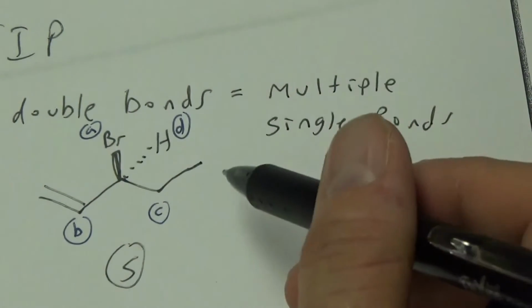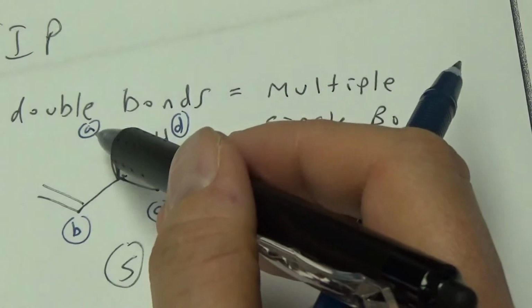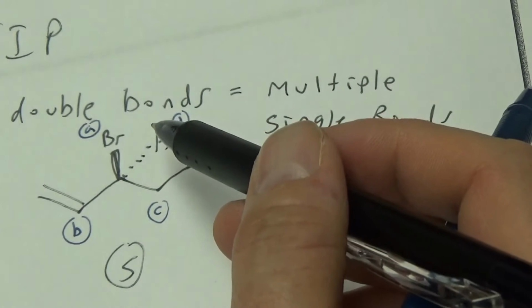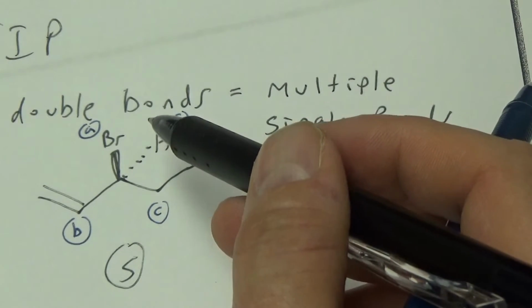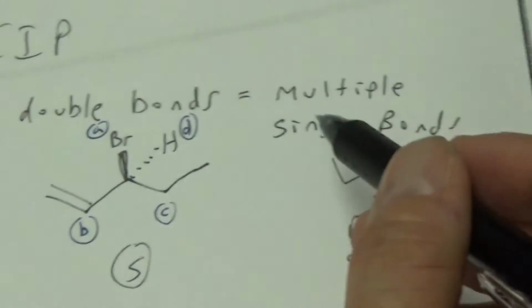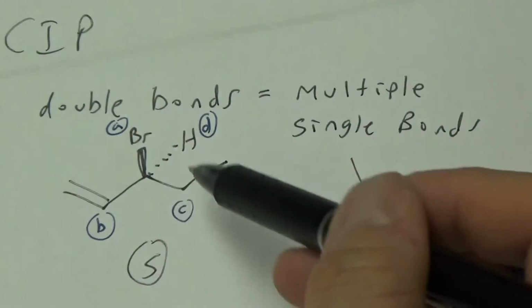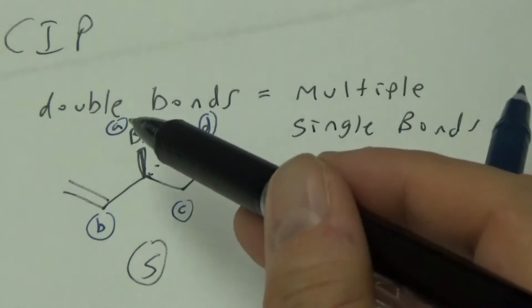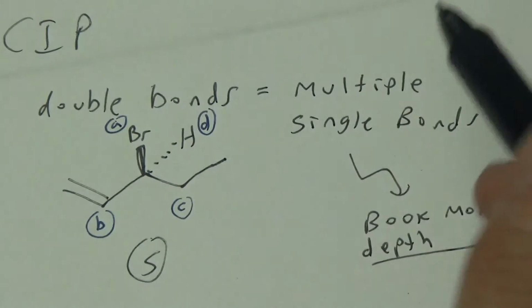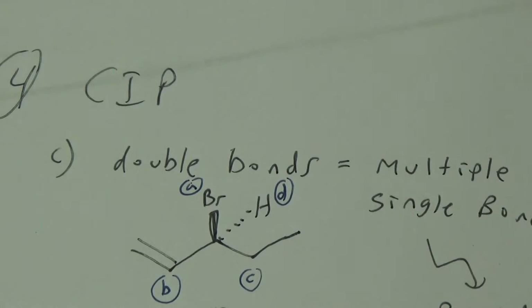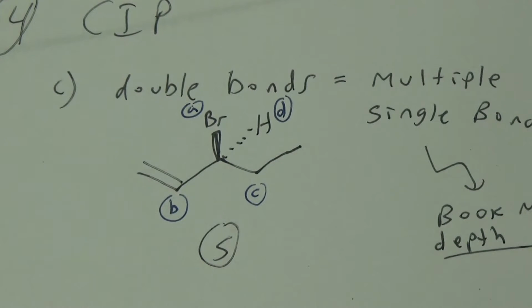No. Yeah, that's S. In my notes it says R. I think my notes are wrong. Haha. Yeah, that looks counterclockwise. That's S. Okay, so my notes are wrong. That's an S molecule.